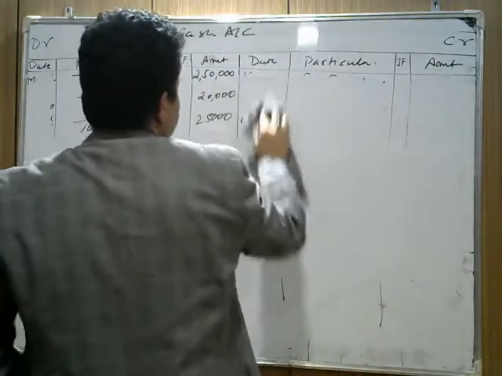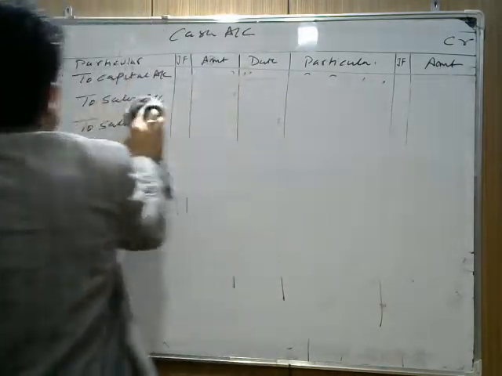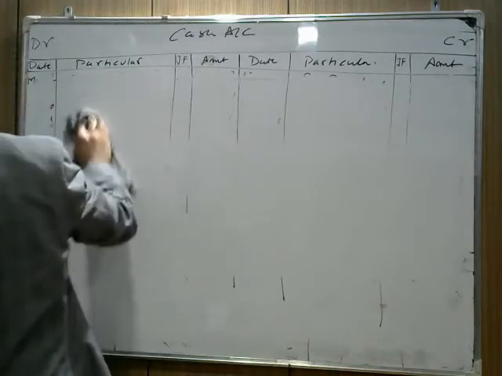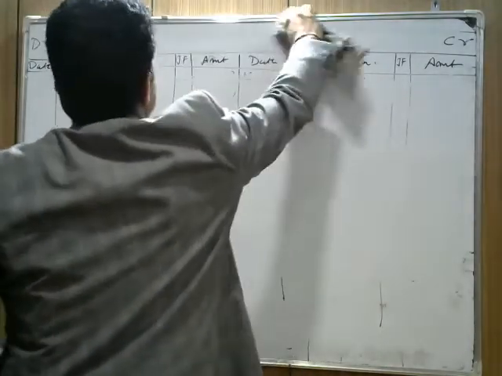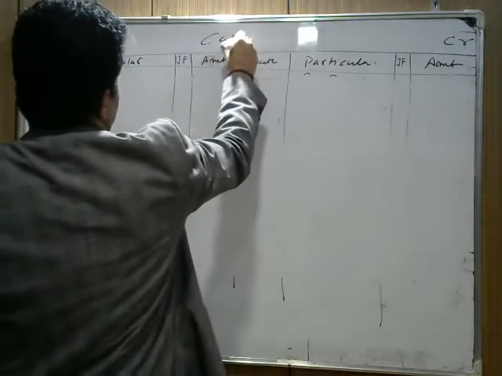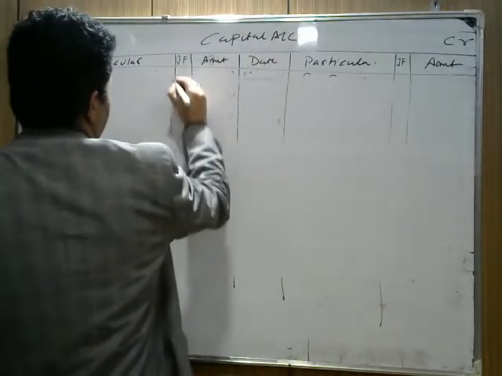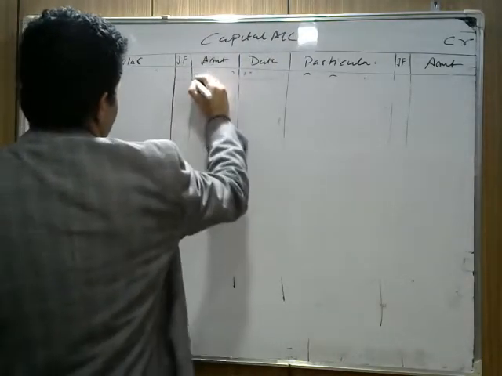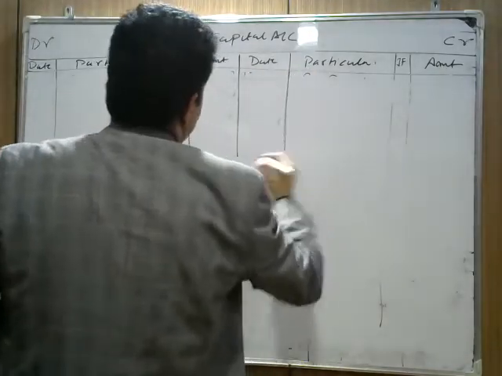There is only one transaction here regarding capital: when Satish started business with cash. The next thing is we are preparing capital account. The format will remain the same. There is no change in the format.